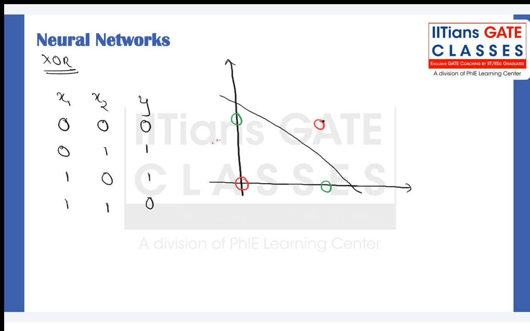Then this is also not correct, because a point above the line is classified as red. So you might say, fine, let's do it this way. A point above this line is classified as green, which is okay, but there is a point below this line which is classified as green, which is not okay. So you cannot find a single line that can separate out these two classes perfectly.